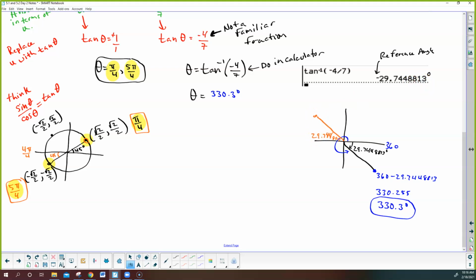And then I have to find this location. Well, this location is 29 degrees less than 180. So if I do 180 minus 29.74488813, then I know my answer is 150.25. And we know we're going to round that, so I'm going to round that to 150.3 right away, just so I don't have to rewrite anything.